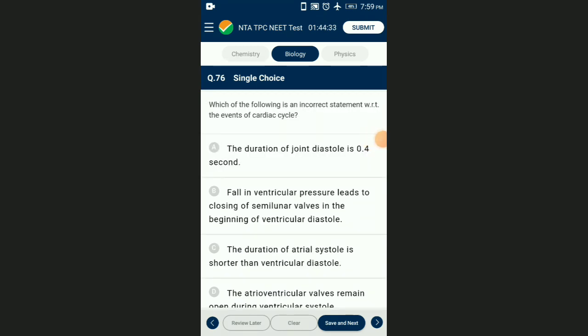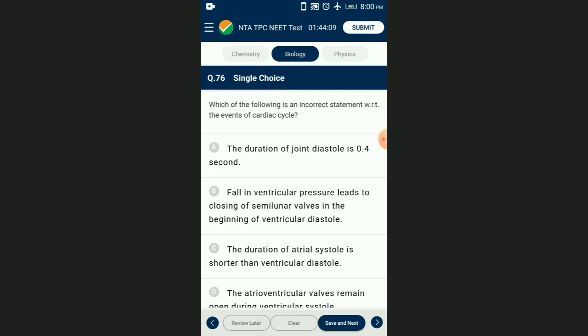Question number 76. Which of the following is an incorrect statement regarding the events of the cardiac cycle? See option A, the duration of joint diastole is 0.4 second. That is correct. B, fall in ventricular pressure leads to closing of the semilunar valve in the beginning of ventricular diastole.